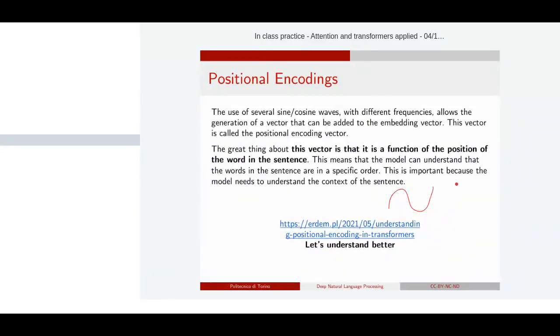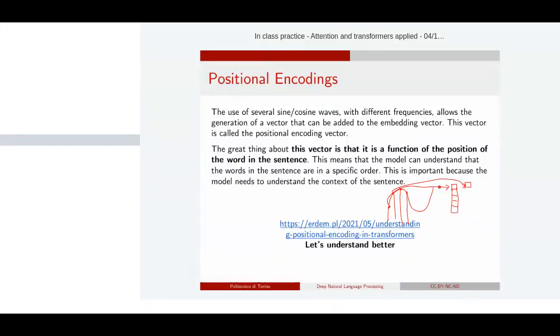This corresponds to a single cell in our vector, because we have a vector of different elements, and each sine wave is giving the element for the first one, for the second one, always for the same element in the vector, but taking into account that this is the first element in the sequence, this is the third one, this is the fourth one, and so on.